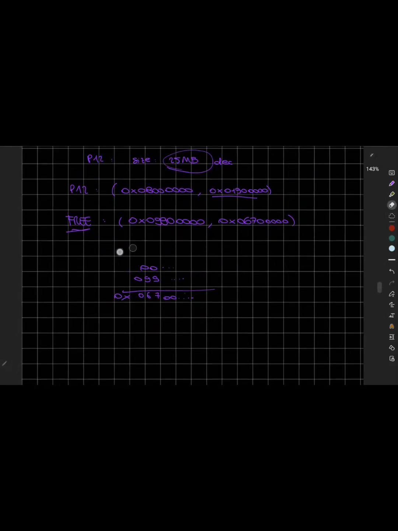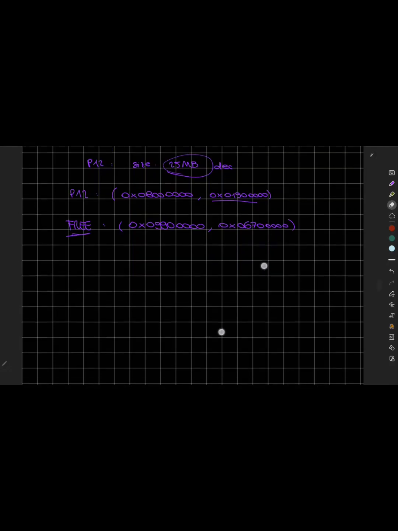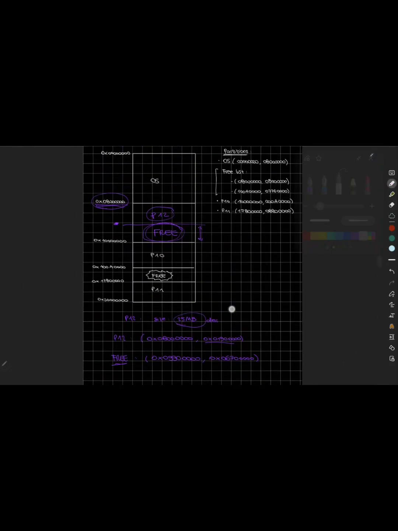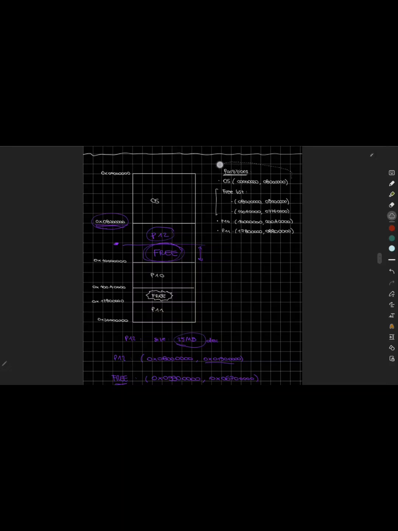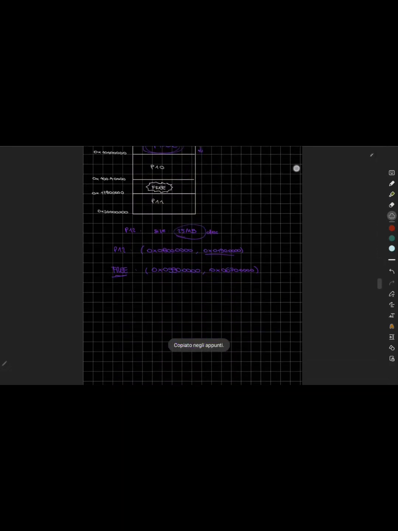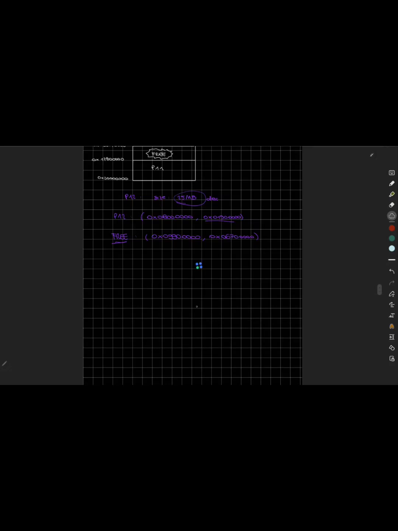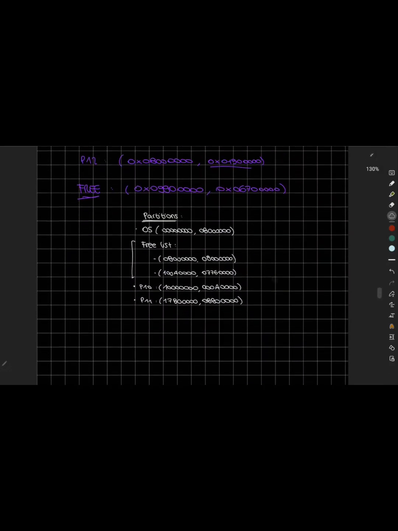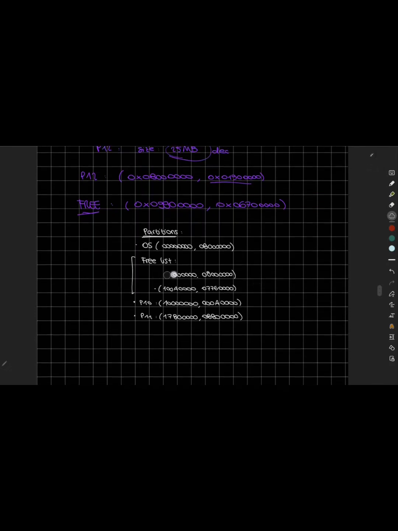All right. So the configuration now of my partitions is slightly modified, and I'm going to update them. So for sure the OS remains the same. In the free list we don't have this anymore.